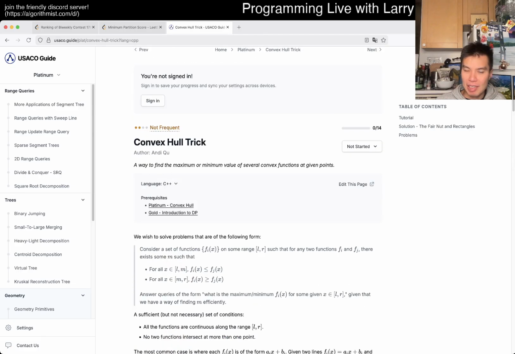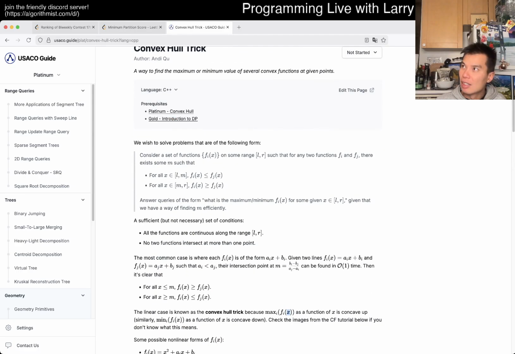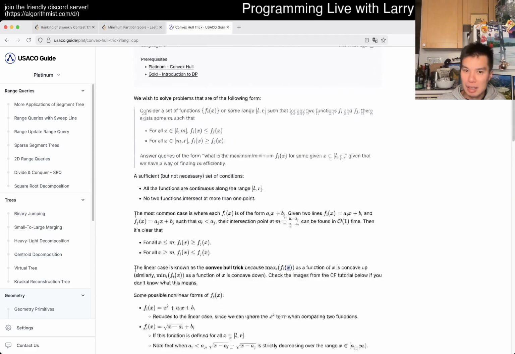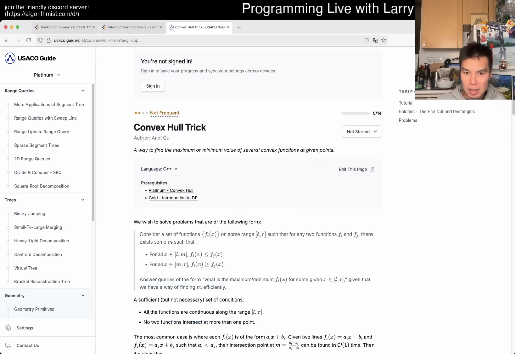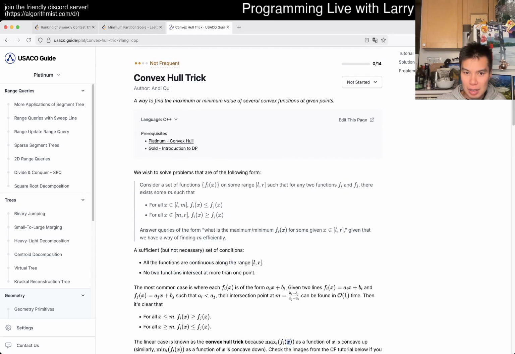I don't even have the X right. X is the index. Is X the index? What is it?